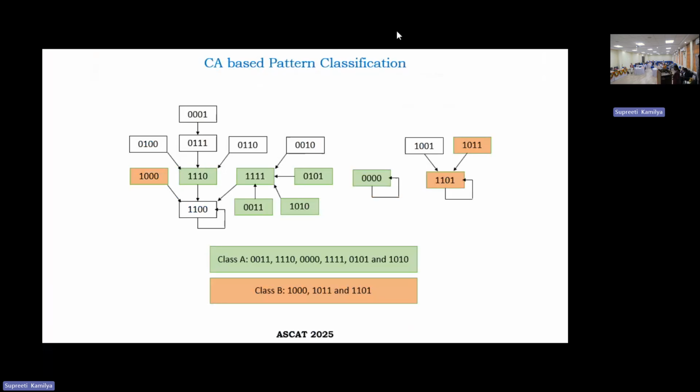In this way, this representation of CA was mainly extracted by the researcher for the pattern classification problem.